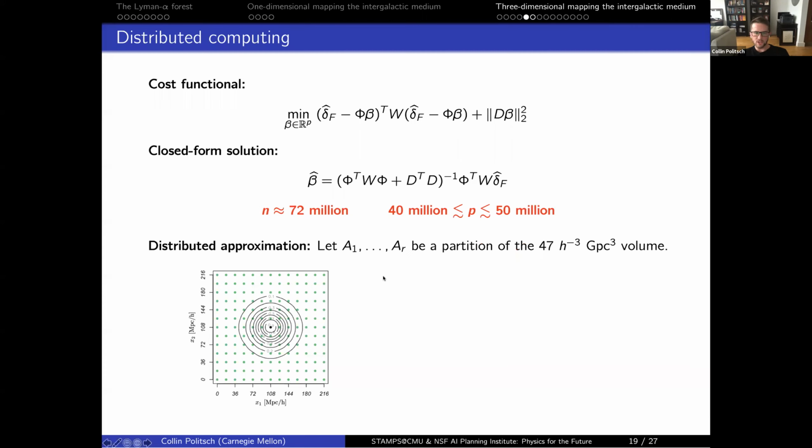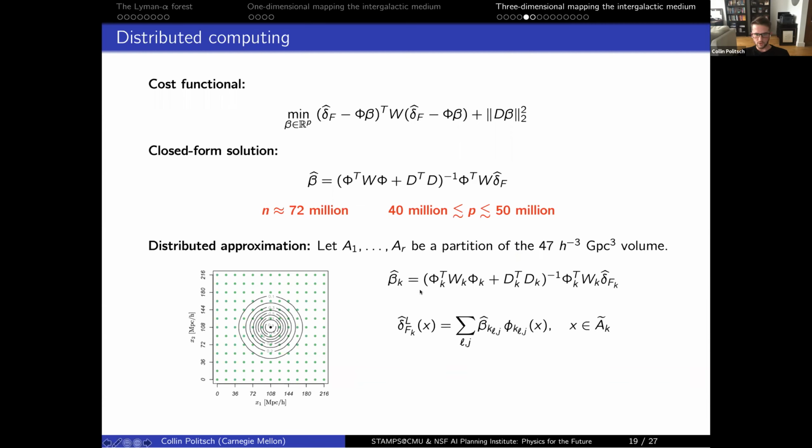So what this allows us to do is to partition the total 47 cubic gigaparsec over h cubed volume into a bunch of subsets and compute a bunch of local estimators. So here are the local basis coefficients with some buffer, where we're including a buffer to make sure that this montage of maps fits together seamlessly.